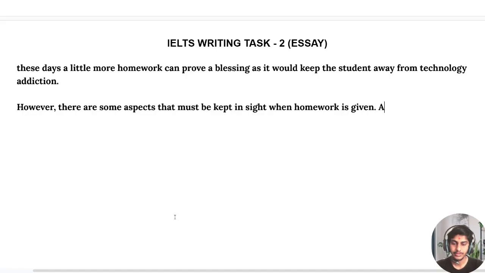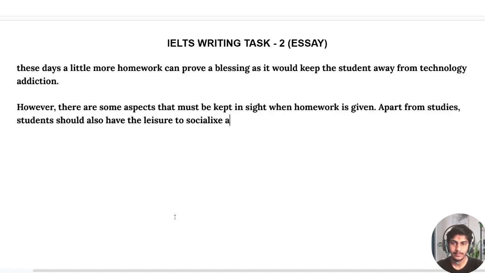Apart from studies, students should also have the leisure to socialize and play.